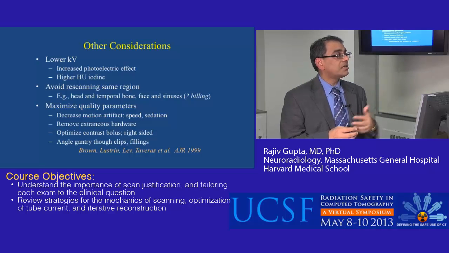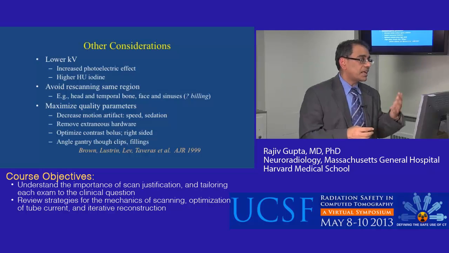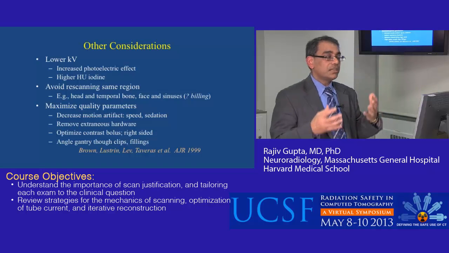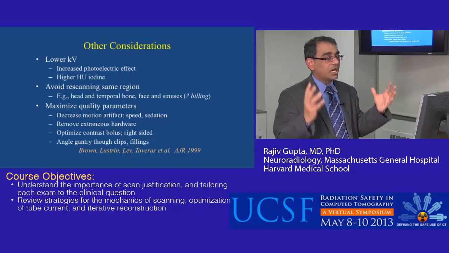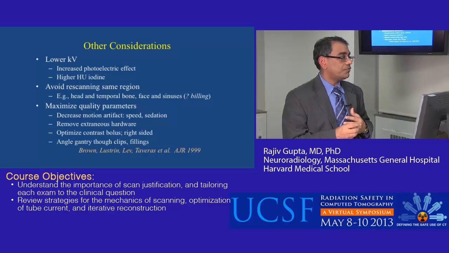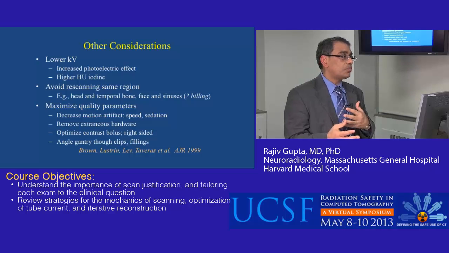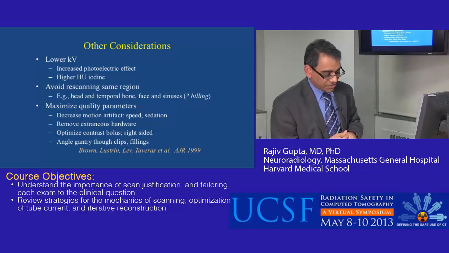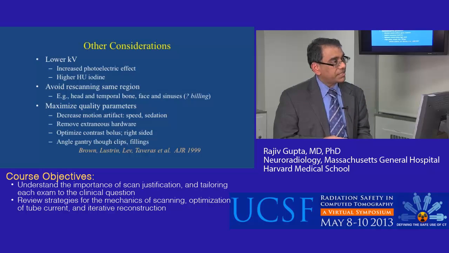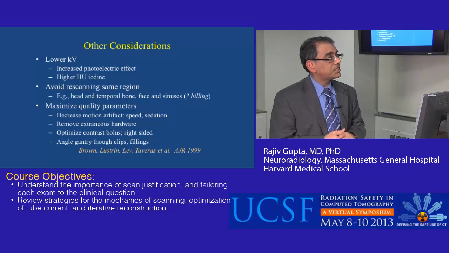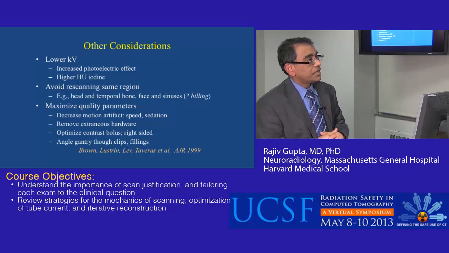Okay. And there are other quality parameters that can be optimized. For example, minimizing the motion, taking out all the hardware that is in the field of view, and optimizing the control bolus and the angle of the gantry. Okay. So, these are all the parameters that should be paid attention to while doing a head CT scan. Okay.